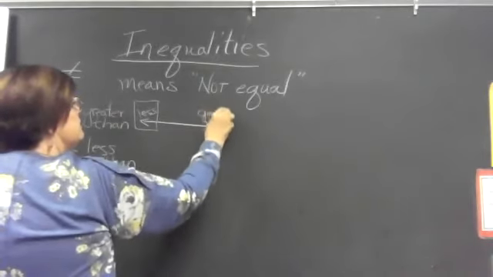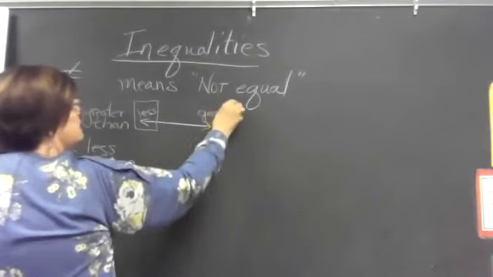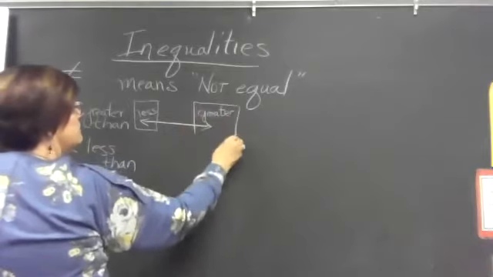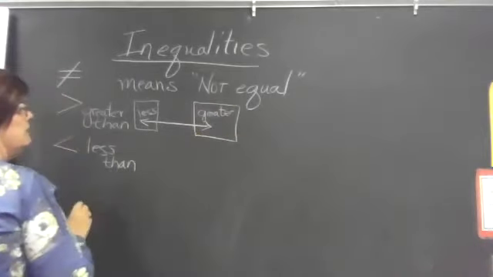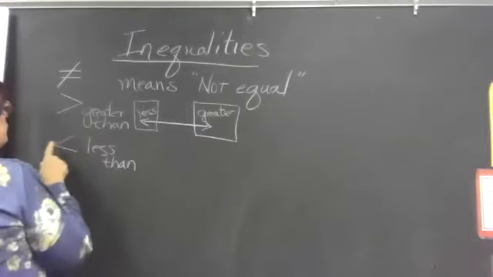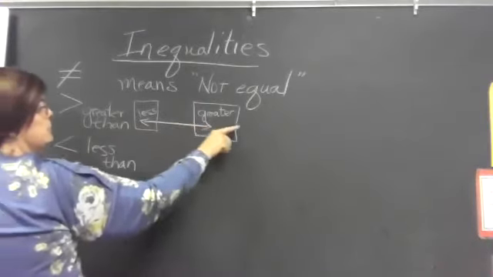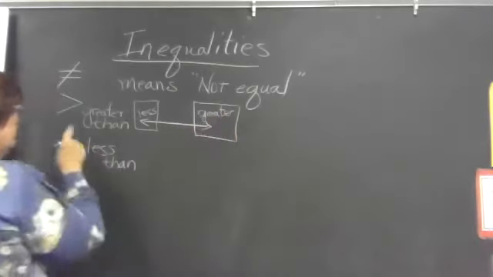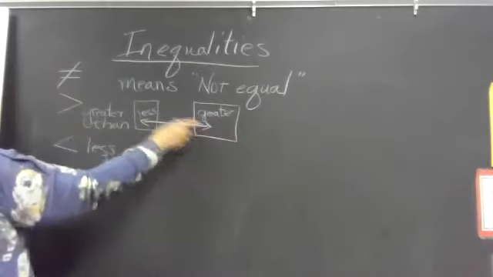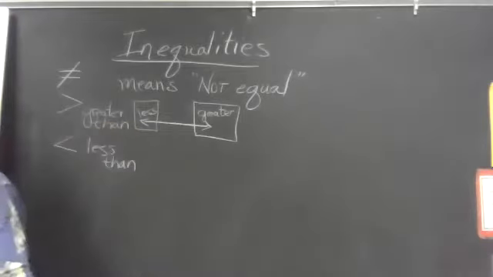Some people get these mixed up because they were taught about alligator mouths, and they were never taught which is which, just which way it pointed. Now on the number line, the numbers that go this way get bigger and bigger. So this is the greater than sign. See it? This is the less than sign right here, and not equals.